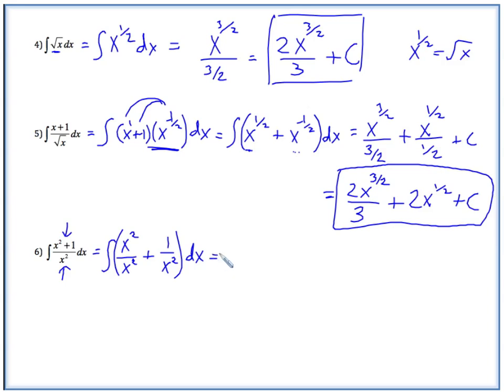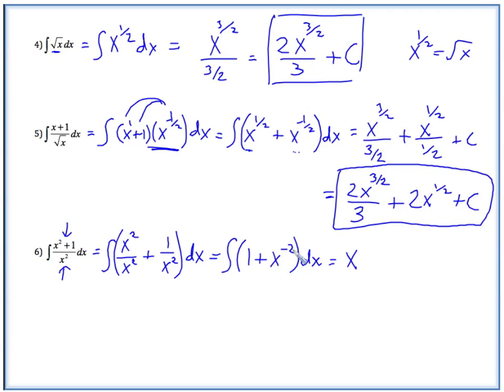So now, if we simplify this, x squared over x squared is just 1. And then 1 over x squared is x to the negative 2. Okay, so the indefinite integral of a constant is going to be that constant times x. So that's just x.